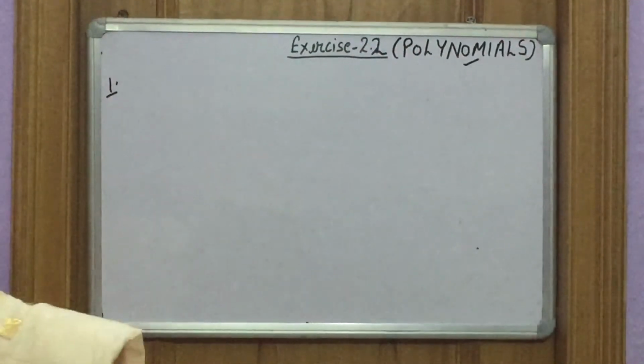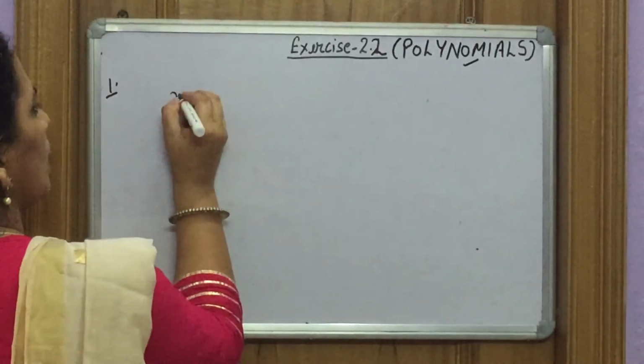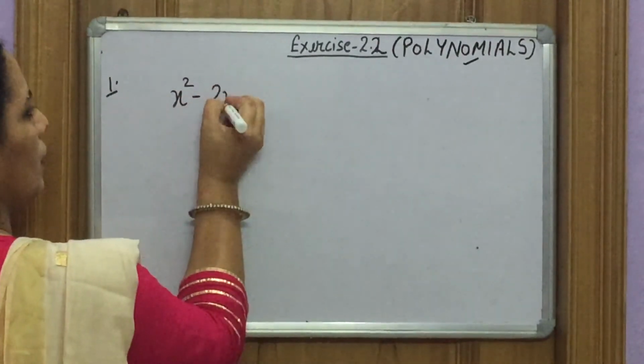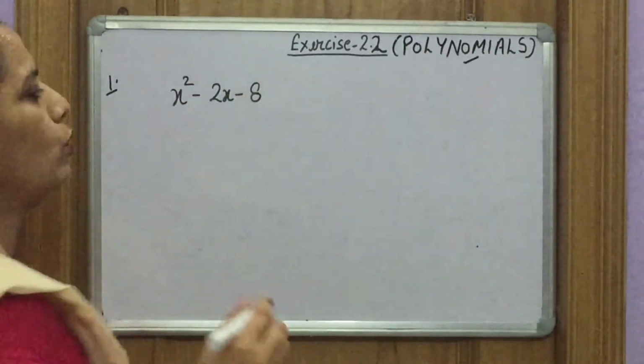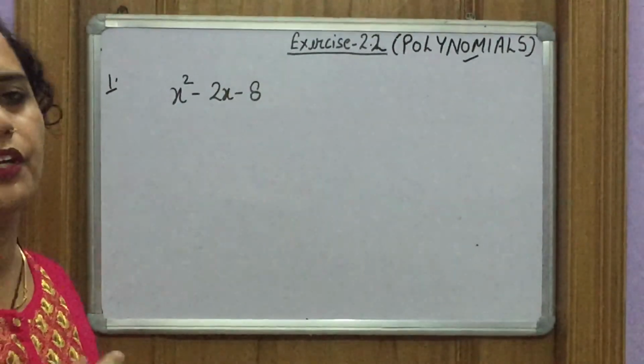The first question: you are given a quadratic equation. You have to find out the zeros of this quadratic equation.